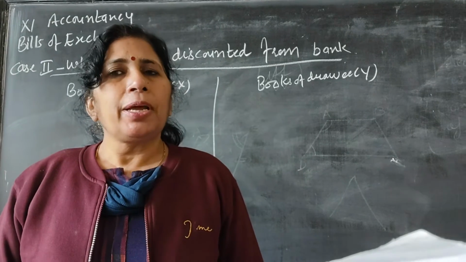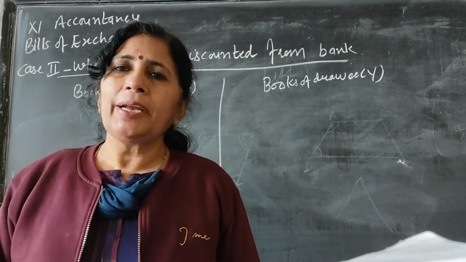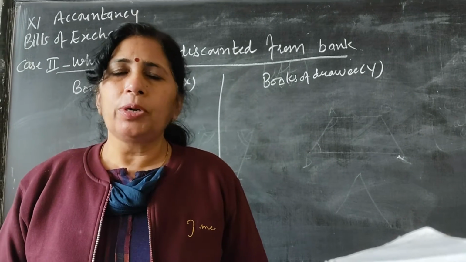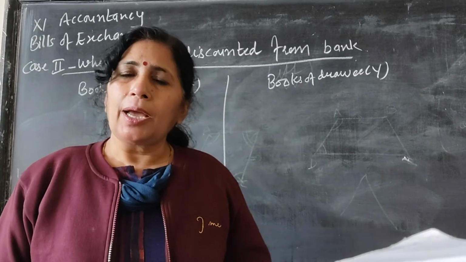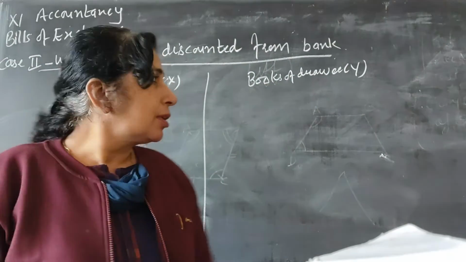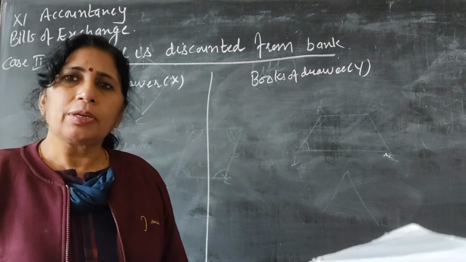Sometimes we can treat it as security. The bank keeps the security and lends money to the holder of the bill, or he gets the bill encashed beforehand. In that case, a lesser amount is given on the bill to the drawer, right?